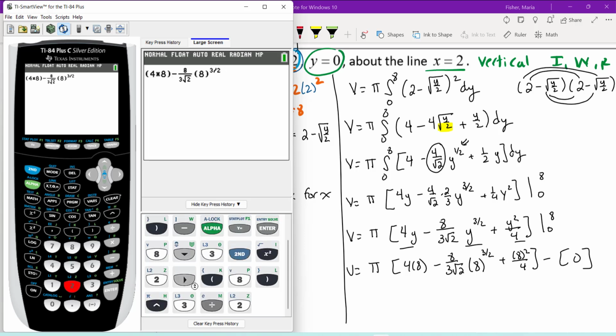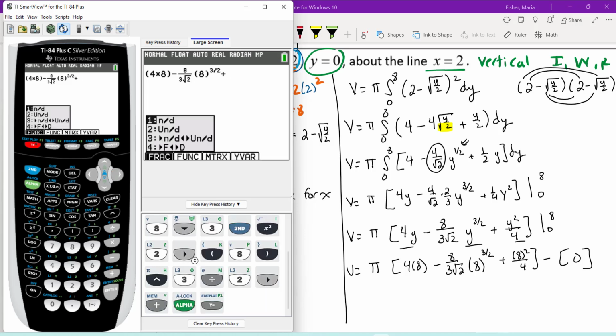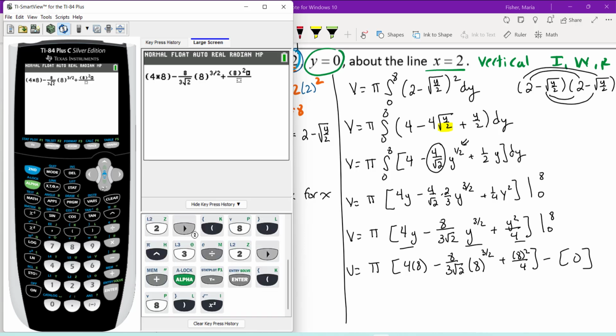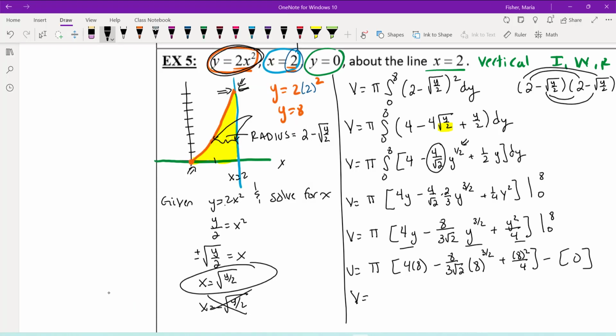And then finally, plus alpha y equals for a numerator and denominator, 8 squared divided by 4. Hit enter and make that into a fraction, and you get 16 over 3. So your volume here is just 16 pi over 3.